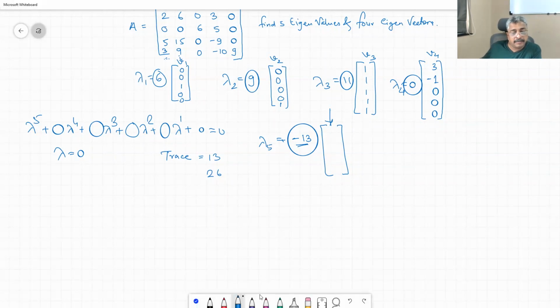Matrix A was 2 by 2: 5, minus 2, minus 2, 2. And we had found the eigenvectors and eigenvalues of this matrix. So can somebody tell me what the eigenvalues and eigenvectors are?